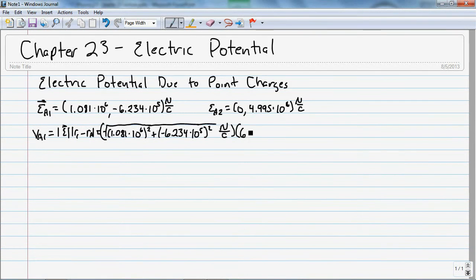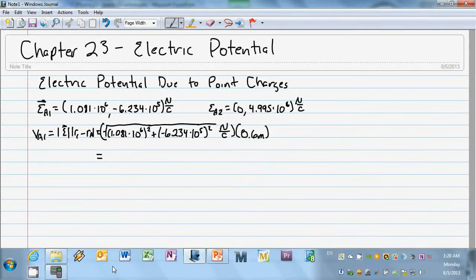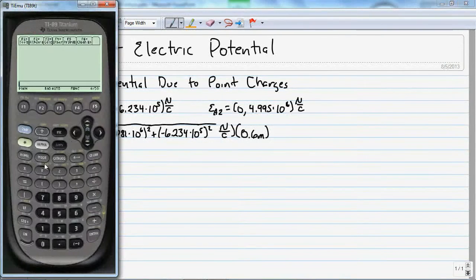And this is going to be 0.6 meters. And that's going to equal, well, I need to calculate this Pythagorean relationship here. So I'm going to get my calculator out.